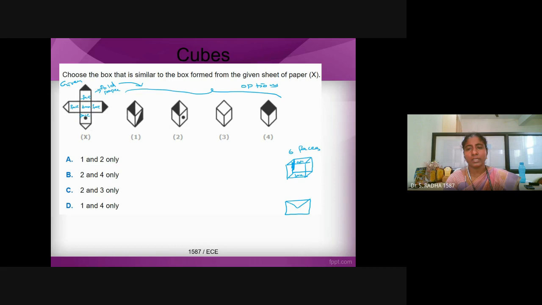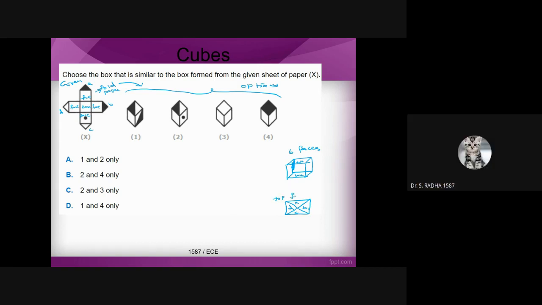The top is divided into four sections, A, B, C, D. I will take this as A, this as B, this as C, this as D. When I combine A, B, C, D, the top face will come.